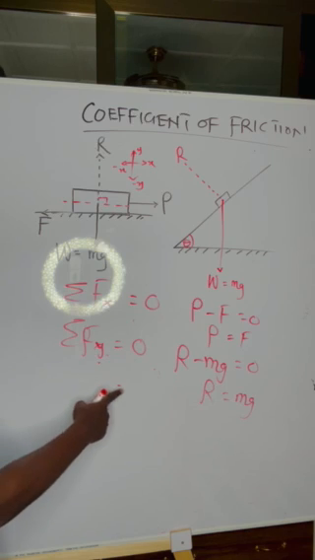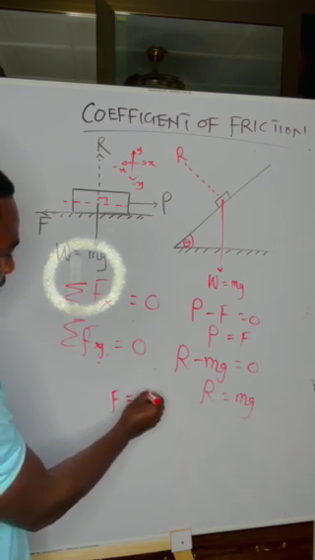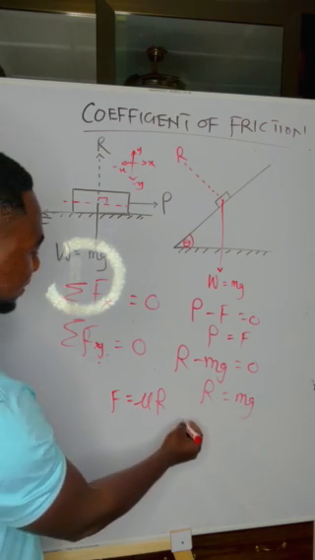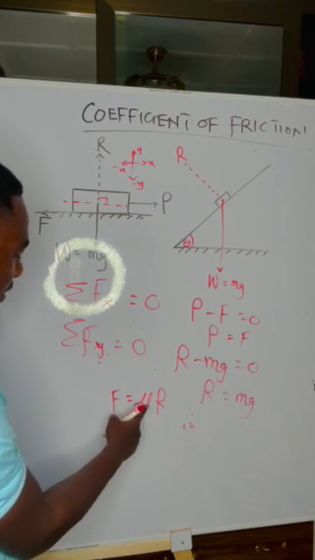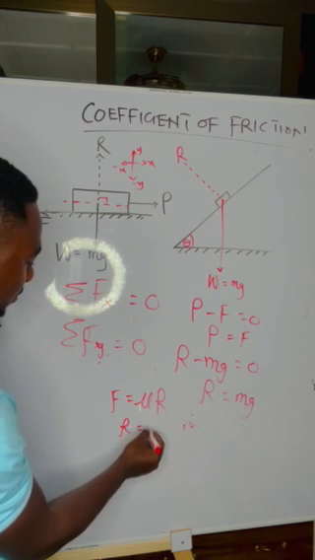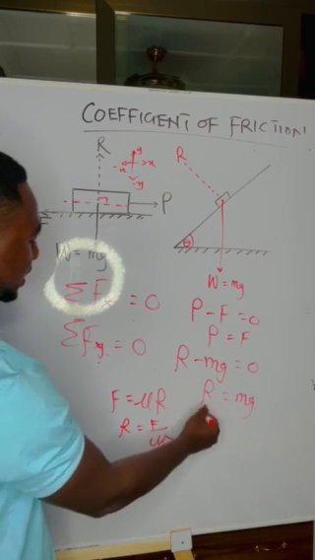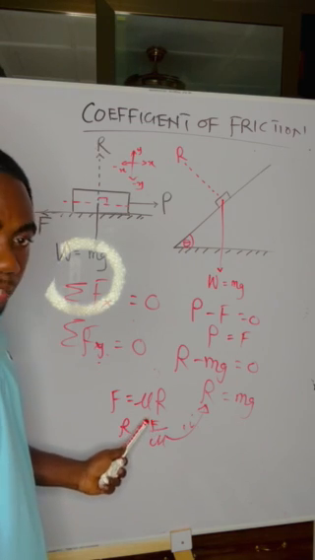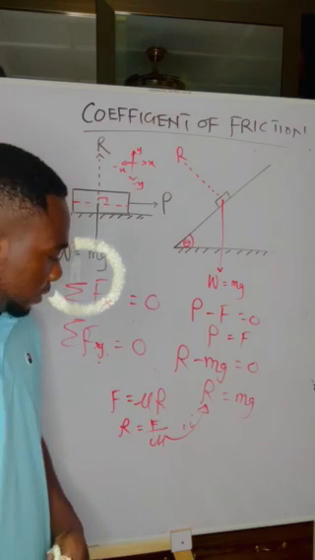But we know that F is equal to coefficient of friction times the normal reaction R. So from here you can do substitution, so R equals F over mu. In case you are given your coefficient of friction and they ask you to find the frictional force, you can do substitution to get your frictional force.